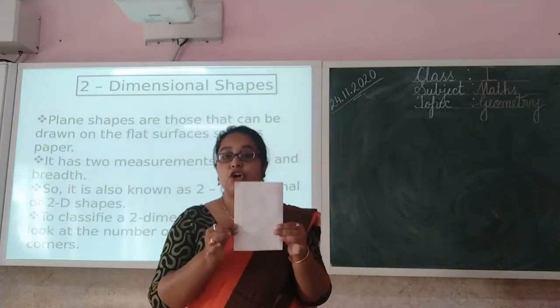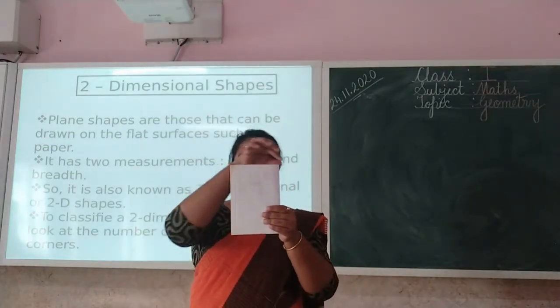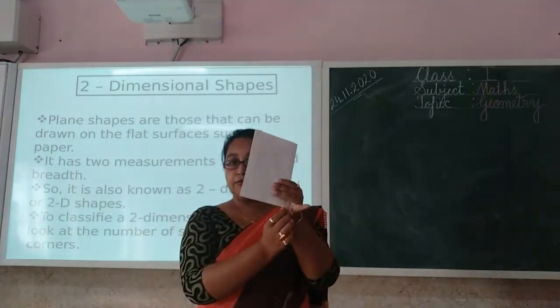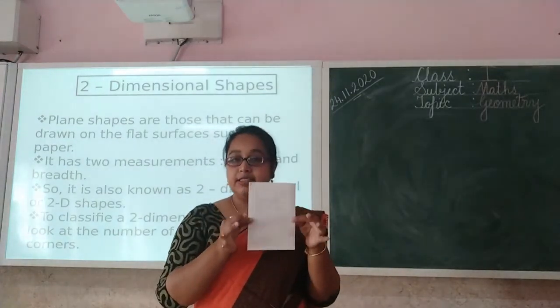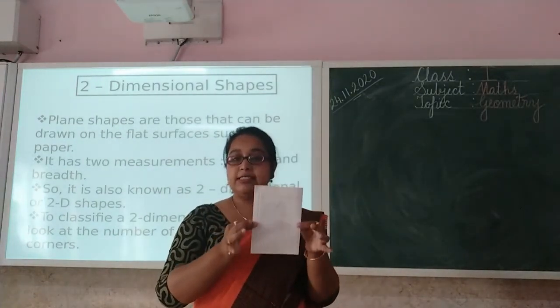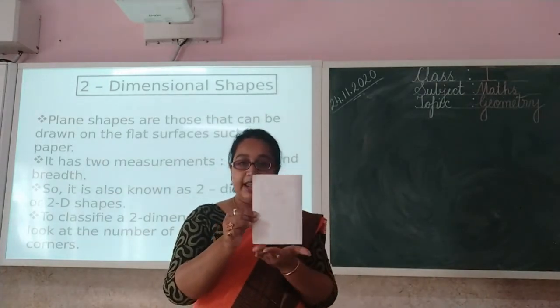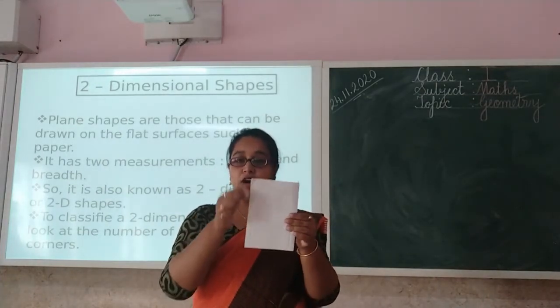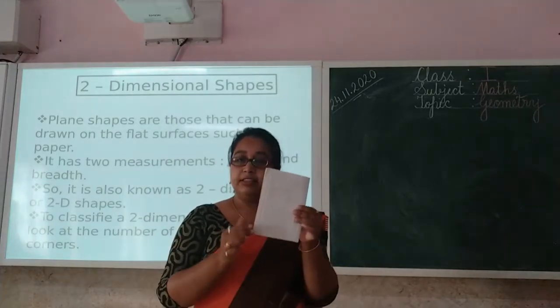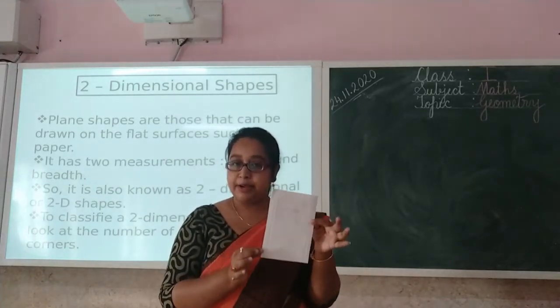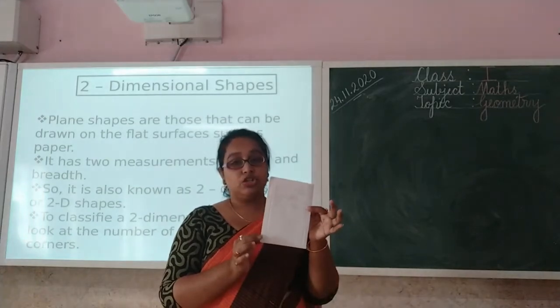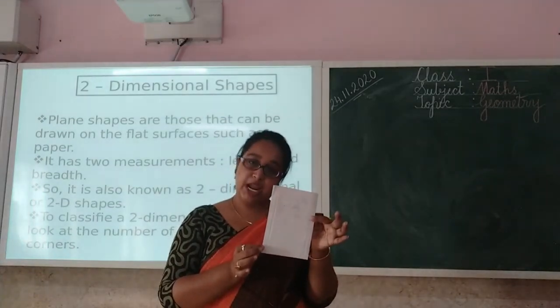And 4 corners: 1, 2, 3, 4. So this figure has 4 sides and 4 corners. This we call a two-dimensional or 2D or plane shape.